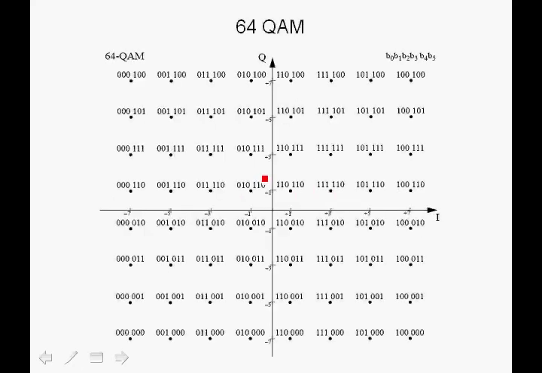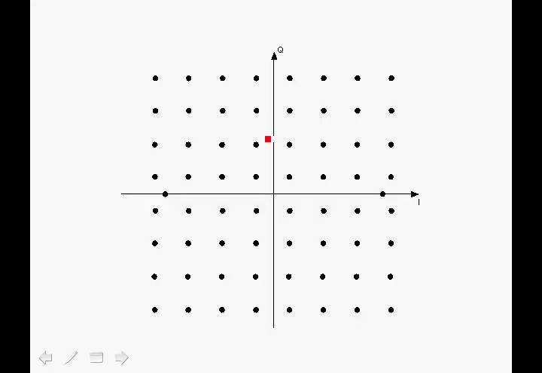In this case, we have a 64 QAM system, and for the case of 64 QAM, we're actually mapping every 6 bits to a symbol. So every symbol represents 6 bits, and we have 2 to the 6 or 64 possibilities. This diagram shows the constellation for 64 QAM. It also shows the constellation for BPSK, but notice that the distance between the constellation points for BPSK are much larger than the points for 64 QAM.